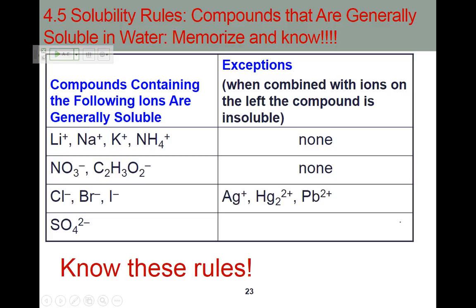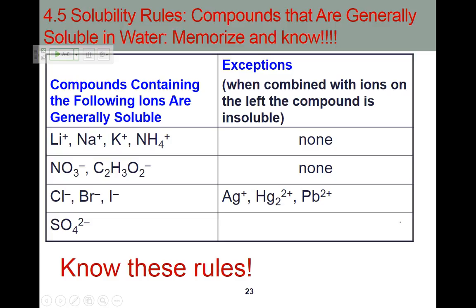Our halogens, chlorine, bromine, and iodine being the ones that we use the most, are pretty much soluble with everything except silver, mercury, and lead. So know those rules. Anytime you see chlorine, iodine, or bromine, they're soluble with these exceptions. Now we're talking about ions, not bromine, chlorine, or iodine bonded to a non-metal, because that is a molecular bond.